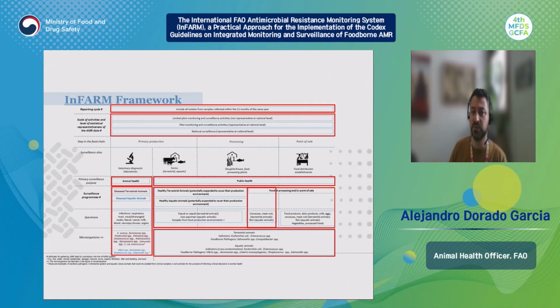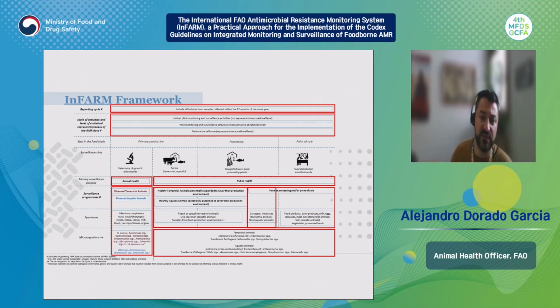AMR data submitted to the INFAM should be collated and gathered in different AMR data files based on the reporting cycles. Here, all isolates from samples collected within the same year should be in the same AMR data file. Then we also ask countries to tell us the statistical representativeness and also the scale at which surveillance activities are implemented.